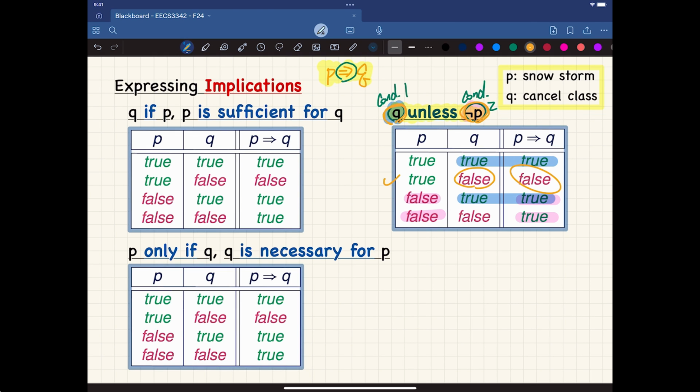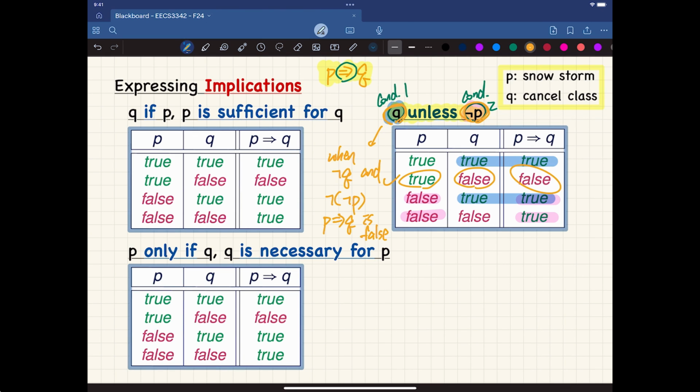That means P is the case, which means it is true, right? So you can think about here, when not Q and not the case, not P, P implies Q is false.